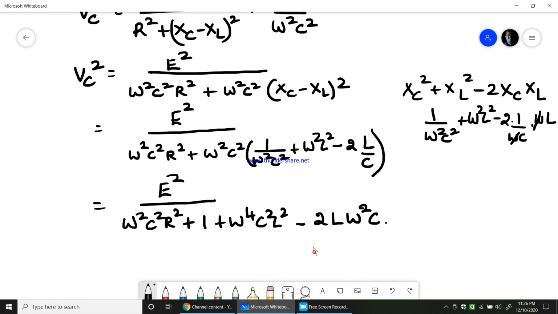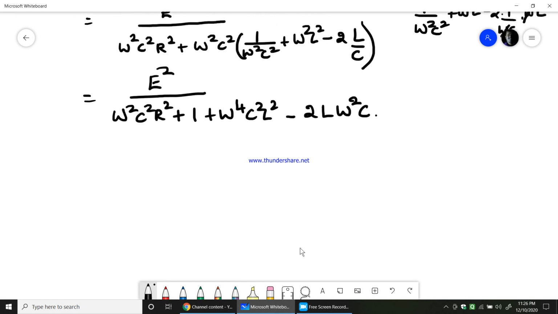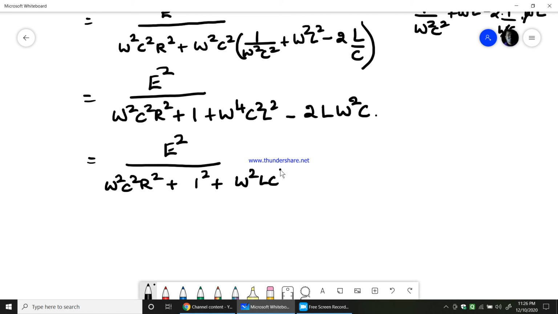Therefore, I would write this now as E square by omega square c square R square plus 1 square plus (omega square L c) the whole square minus 2 L C omega square.